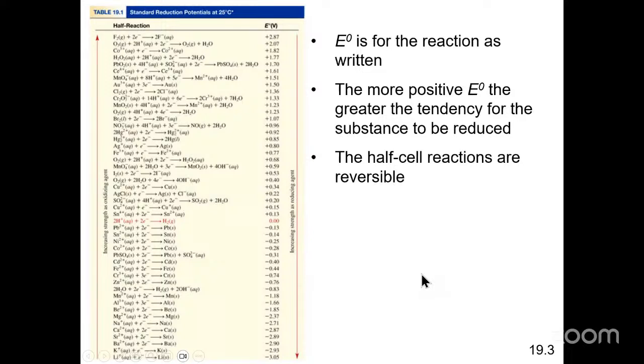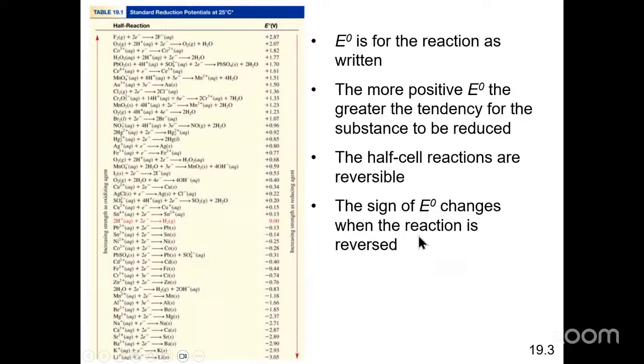Another thing I want to say here is that half cell reactions are reversible. And when you reverse the reaction, the sign of the EMF value changes. So again, going back to the fluorine example, F2 being reduced by 2 electrons to give 2F minus, its value is 2.87. The reverse, which would be 2F minus to give F2 plus 2 electrons, the EMF of that would be minus 2.87 volts.